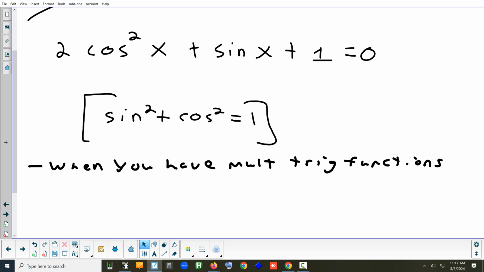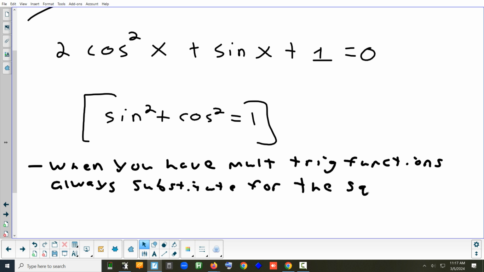So when you have multiple trig functions, always substitute for the squared one. Leave the one that's not squared alone. Don't touch that one. Okay, so when you have multiple trig functions, always substitute for the squared one, or the one raised to the second power.